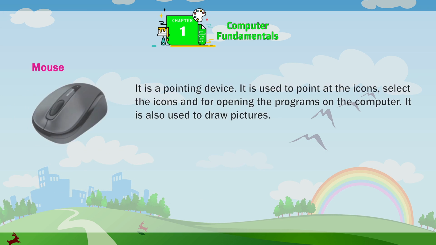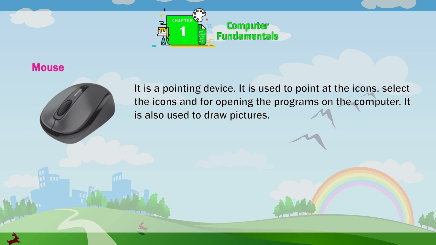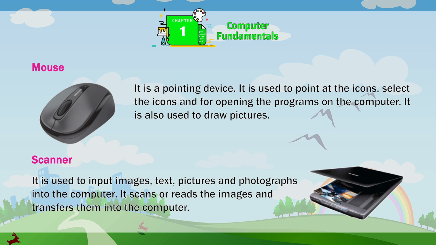Mouse. It is a pointing device. It is used to point at the icons, select the icons, and for opening the programs on the computer. It is also used to draw pictures. Scanner. It is used to input images, text, pictures, and photographs into the computer. It scans or reads the images and transfers them into the computer.